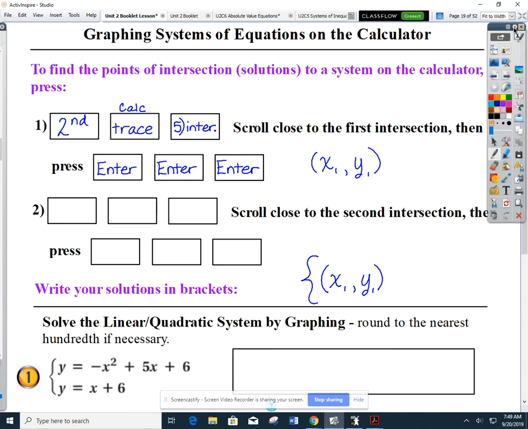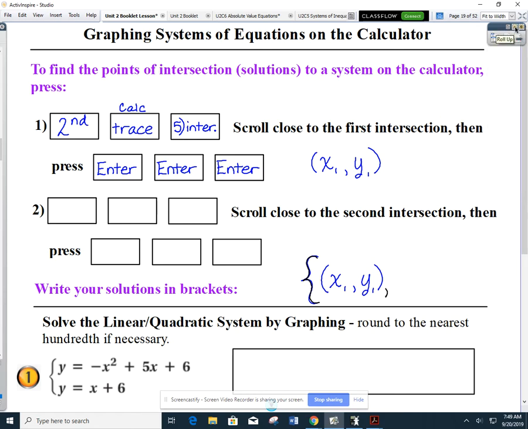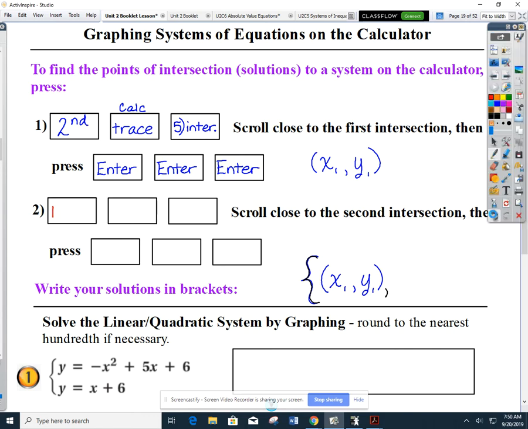And if we have a second intersection, we're going to have to go find that second intersection. So we just repeat the process. If we have one intersection, we do this once. If we have two intersections, we do this twice. When we move on to bigger and better functions, if we have 3 intersections, then we're going to do this 3 times. So, we're going to go second, trace, intersect.